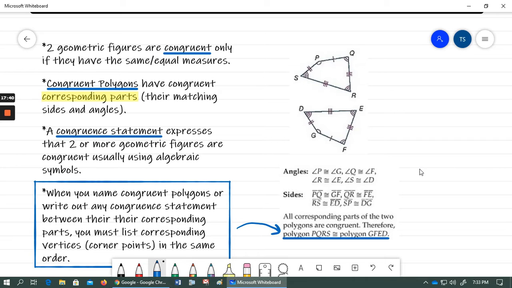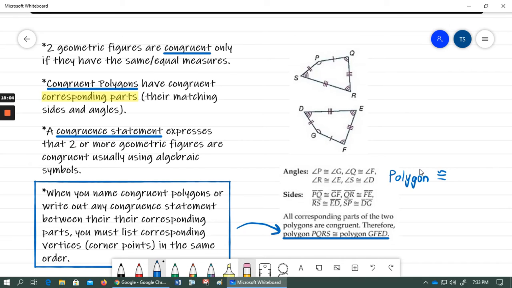So, guys, let me just show you real quick, just to emphasize what I was saying about listing those corresponding vertices in the correct order. Folks, if we decided to switch the order of those vertices, then we could write that same congruent statement for those two polygons another way.